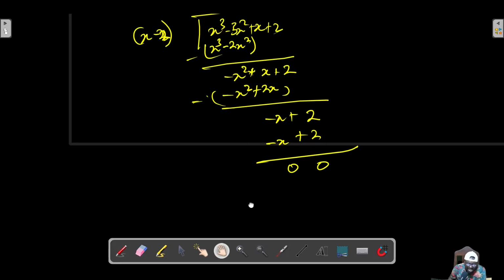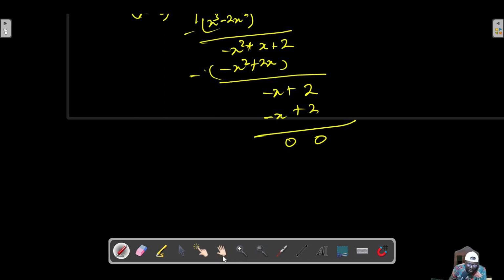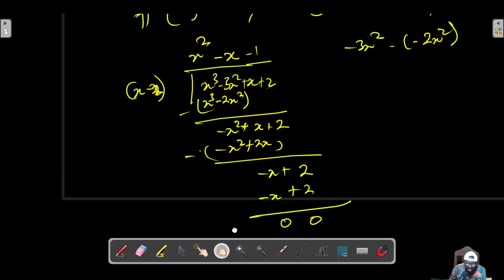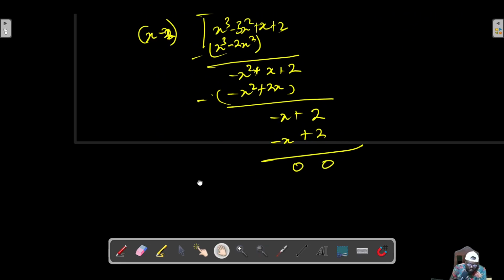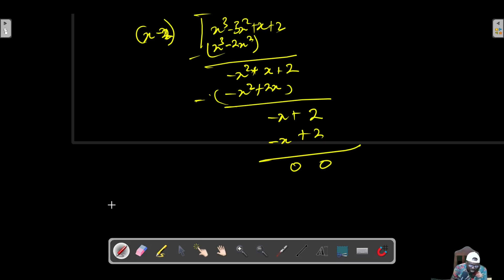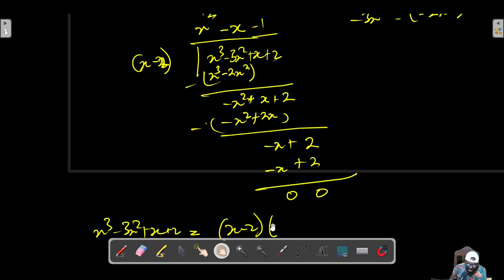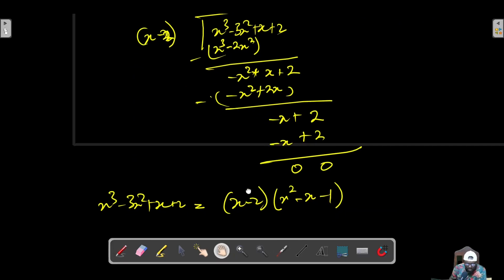So the factors of the numerator, which is x cubed minus 3x squared plus x plus 2, are x minus 2 and x squared minus x minus 1. So simple.